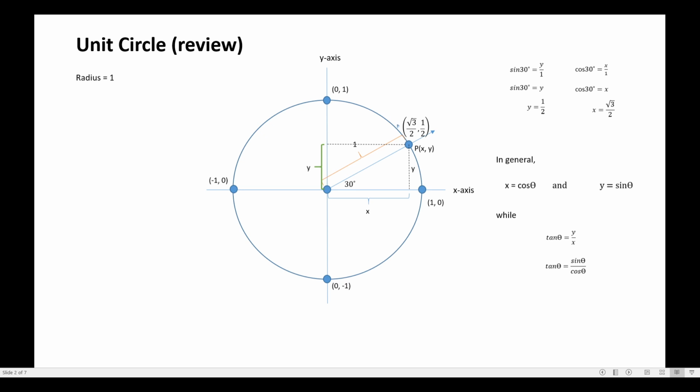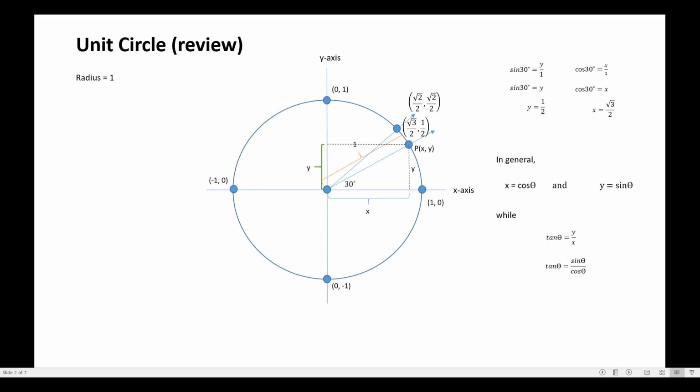Let's say, for example, we take this point, and let's say that point is the intersection of the terminal side and the circle, given that the angle theta in standard position is 45 degrees, because this is the usual example in the unit circle. Remember that the values of x and y are square root of 2 all over 2 and square root of 2 all over 2.